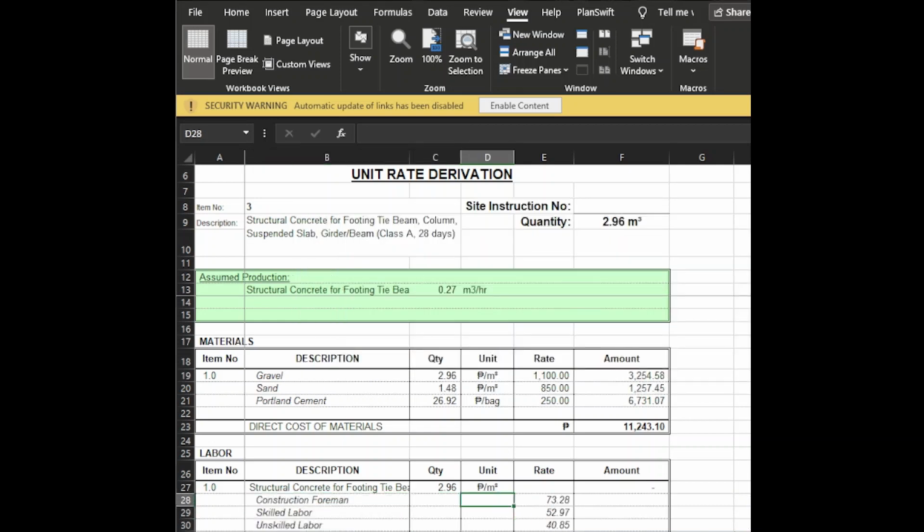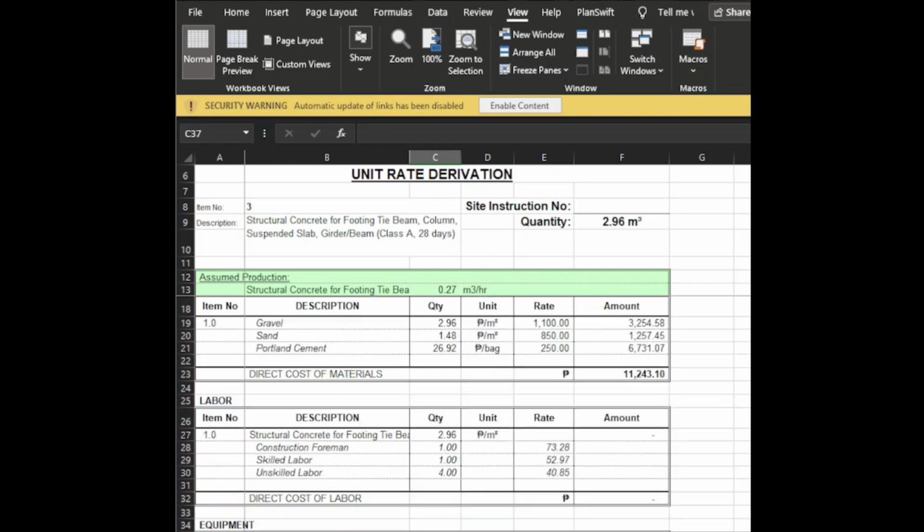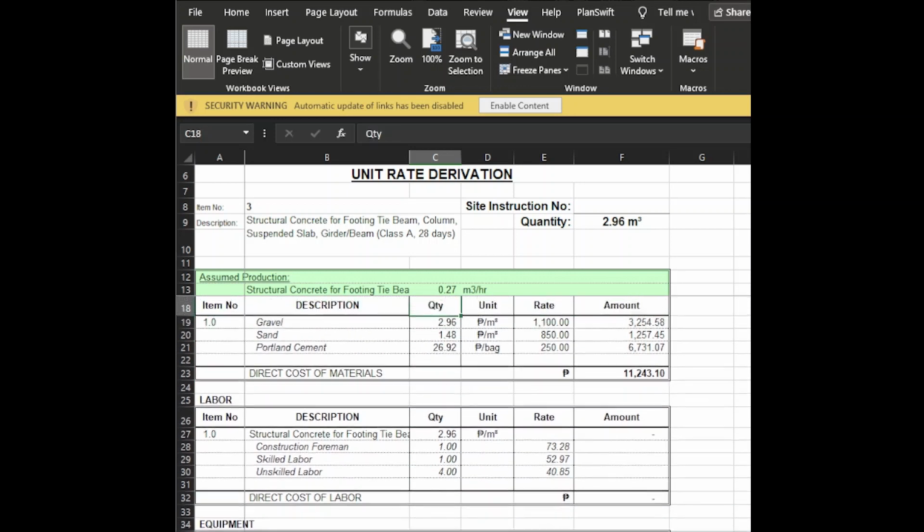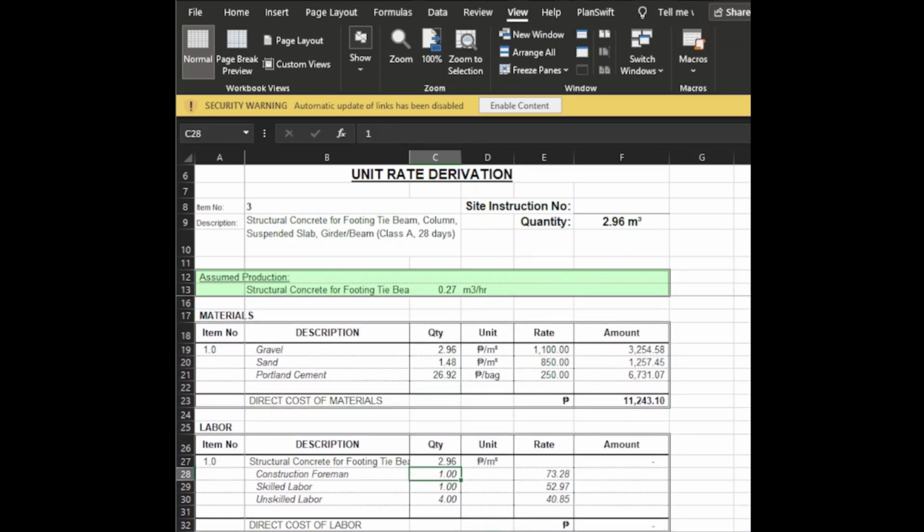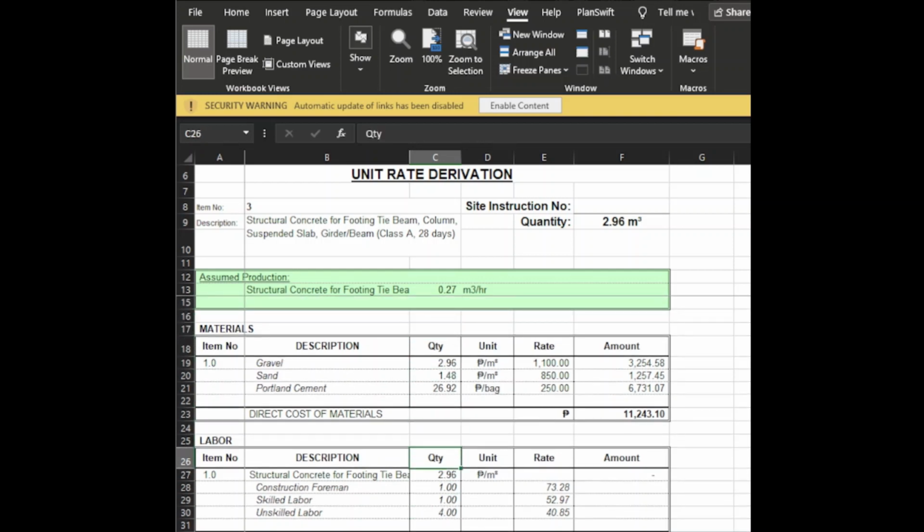We have one foreman, one skilled labor, and unskilled labor of 4. This one, guys, we cannot change because the assumed production is based on this labor, and also on the equipment that we are going to use.